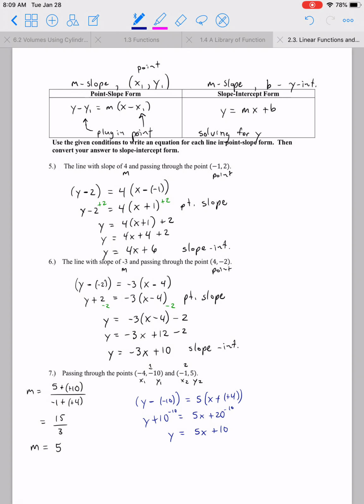And so that will be my slope-intercept form. But if I come over here and try this again, this time I'm going to do it with the other point. So I'll do it with point 2. I'm going to have y minus, this time it's the y2, y minus 5 equals 5 for the slope, and then x minus -1. Okay, that's the second point. And so if I start fixing this up, I'll have y minus 5. Here I have minus -1, so I'll make that plus, and then I'm going to go ahead and distribute, so it's 5x plus 5.